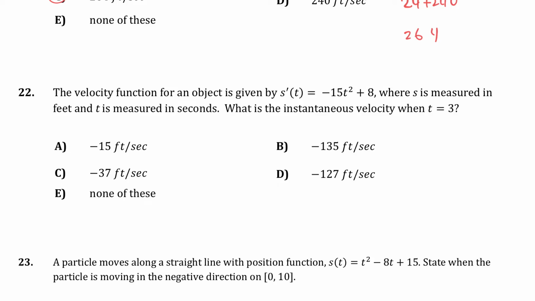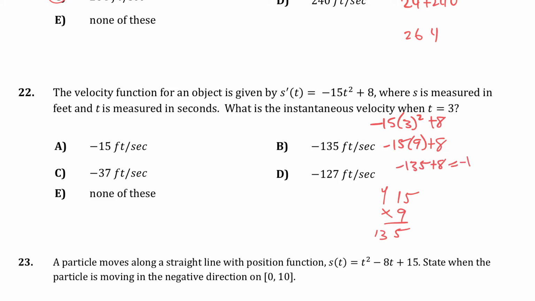So that's negative 15 times 3 squared plus 8. That's negative 15 times 9 plus 8. And let's see, 15 times 9, I actually don't know what that is. 135. Negative 135 plus 8. That's negative 127. And there you go, D.